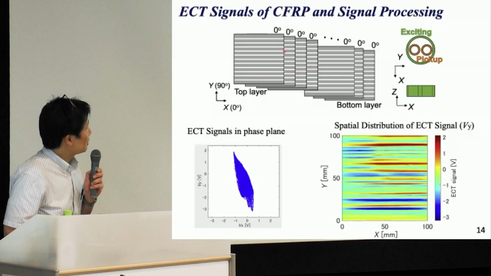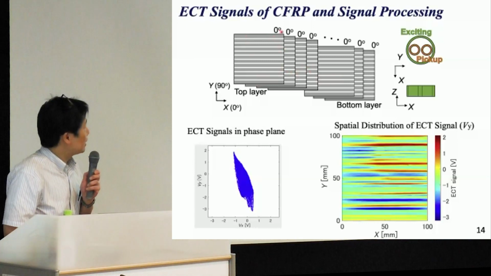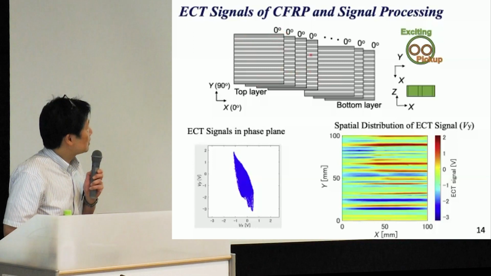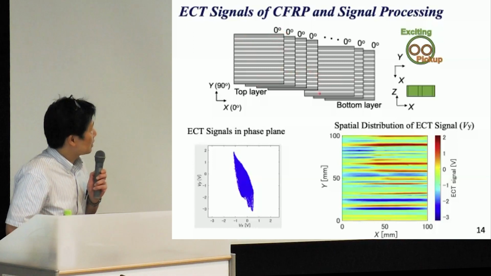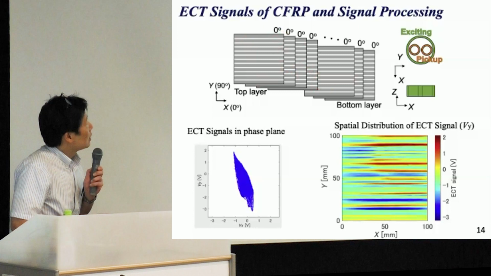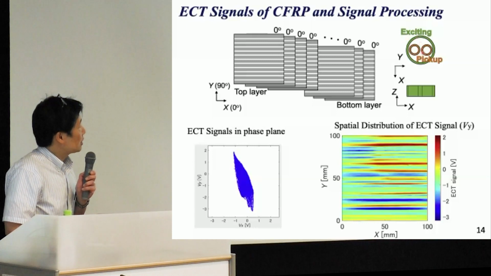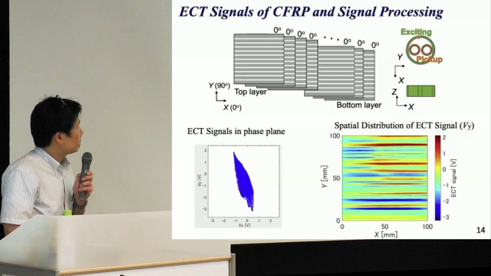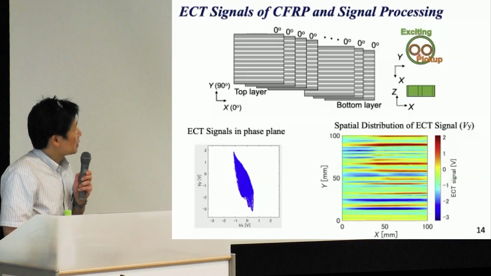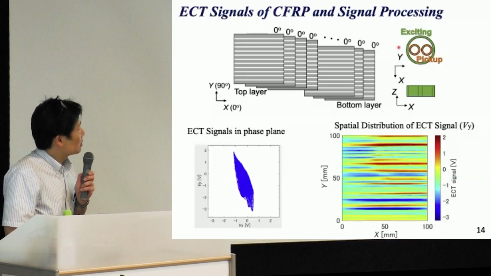The fiber is oriented at 0 degrees, and this shows the stacking sequence. The probe used here is a transmitter-receiver type probe. The pickup coil is located here, this is differential, and the exciting coil is here.